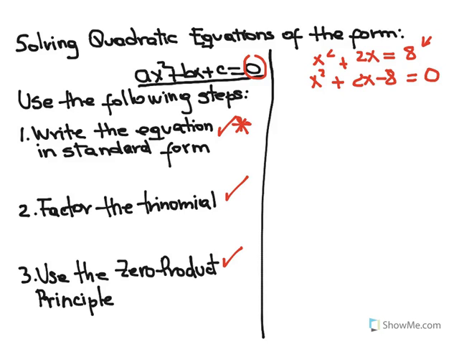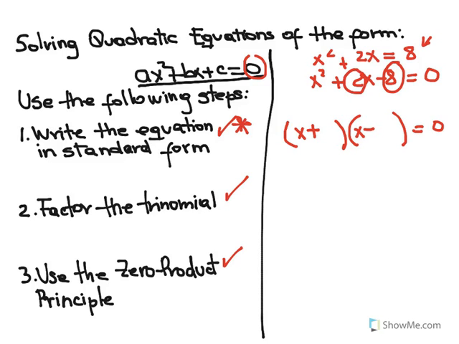Now I need to factor this trinomial. Well, that is easy. To factor this trinomial, I'm going to need two numbers that multiply to give me negative 8. Because it's negative, I'm going to have a positive and a negative. And added, those two numbers give me 2.